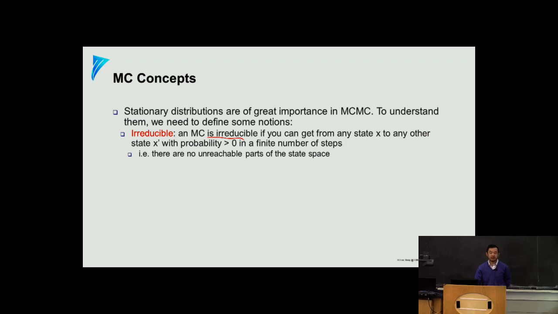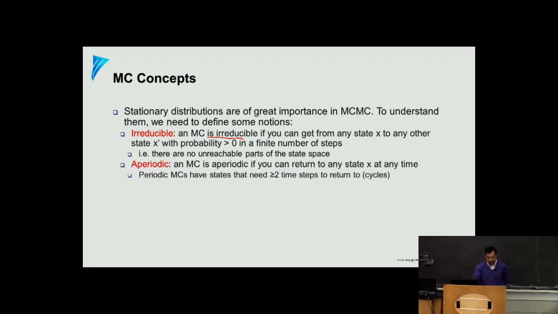You want to make sure that regardless of where I step on the new distribution, on the new state, it will lead me to any other possible state under this distribution in finite steps. That at least allows the coverage to be realized, so that at the end of the day my collection of samples can legitimately cover all the possible examples under this distribution. This is what irreducibility guarantees.